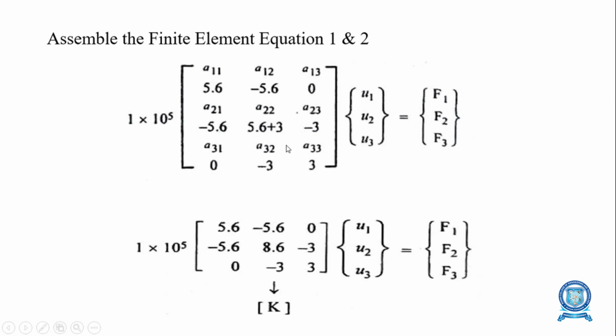Now the equation changed. The assembled finite element equation is 1 into 10 to the power 5, matrix of 5.6, minus 5.6, 0, minus 5.6, 8.6, minus 3, 0, minus 3, 3, and vector matrix of u1, u2, u3, which is equal to vector matrix of f1, f2, f3.